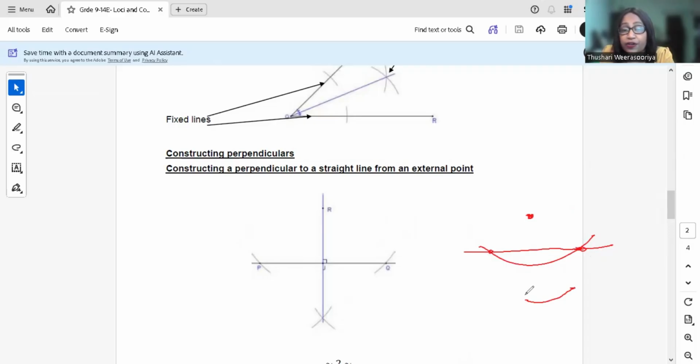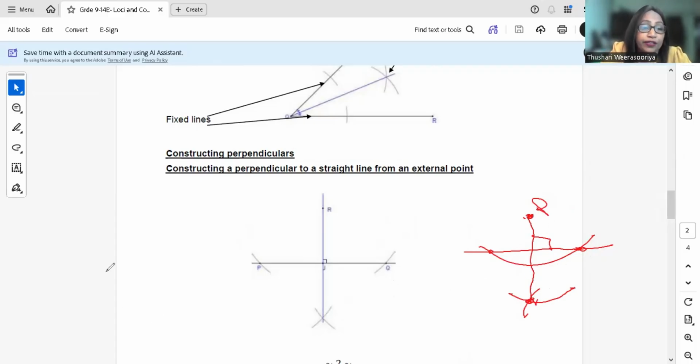Draw another arc. Then these are the two points which you have to join. There you get the perpendicular from this external point. We'll take T. Please take P. That is how you draw. Right, we'll go to the next perpendicular.